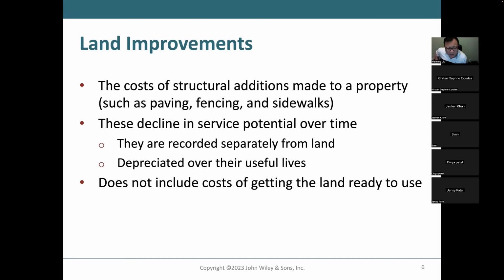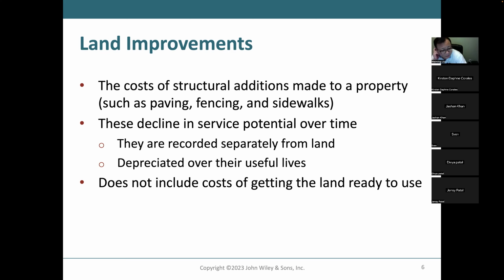Land improvement is not land. Land improvement will lose its value gradually. Unlike land, which does not lose its value, land improvement will lose its value over time. For example, the fences will fall down one day.